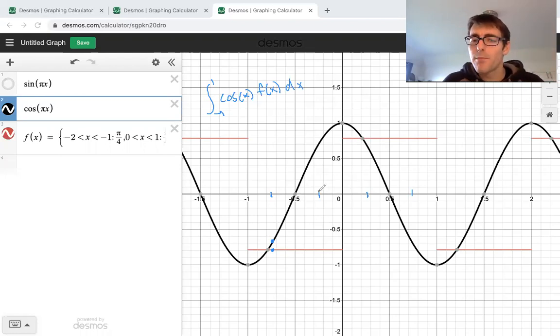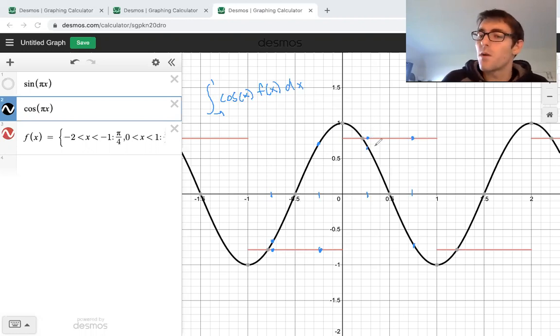However, for some of the other points, like this x equals -2.5 test point, we've got a negative number times a positive number, right? So this thing is going to be negative and is really just going to basically cancel out with this other part. Similarly, we've got, hey, these two, a positive times a positive is positive, but a positive times a negative is negative.